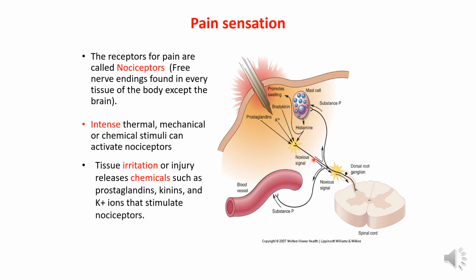This is a sensory neuron, and this sensory neuron has a side branch releasing a neurotransmitter known as substance P. Substance P will stimulate the mast cells to release more histamine, and it will also increase the release and synthesis of prostaglandins. It will produce vasodilatation of the blood vessels to produce what?